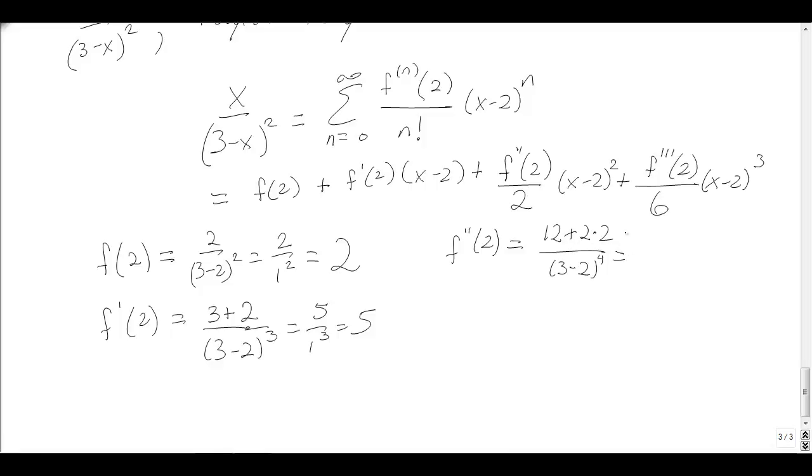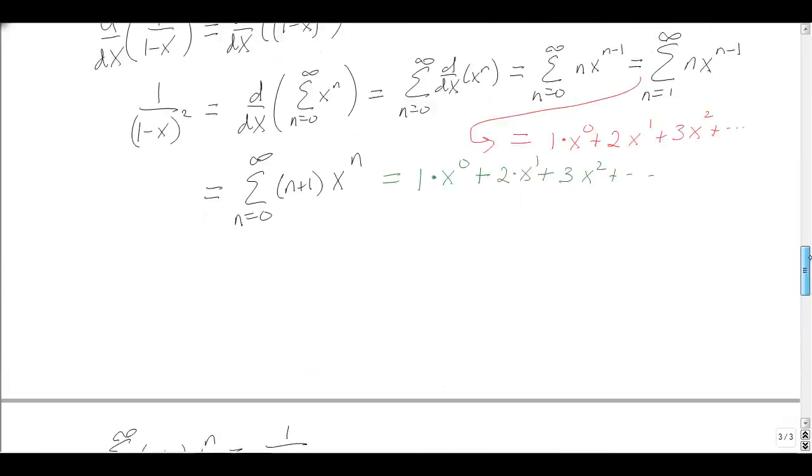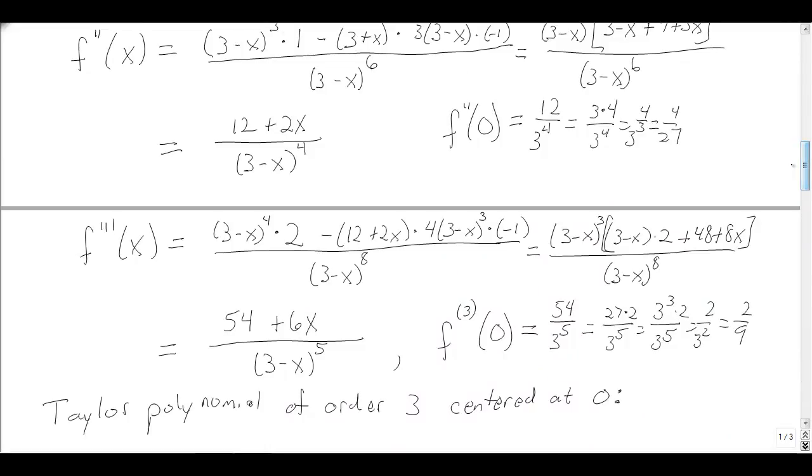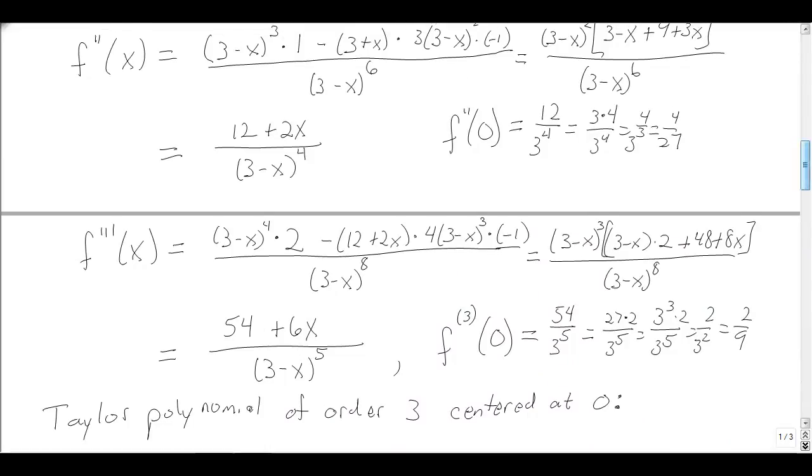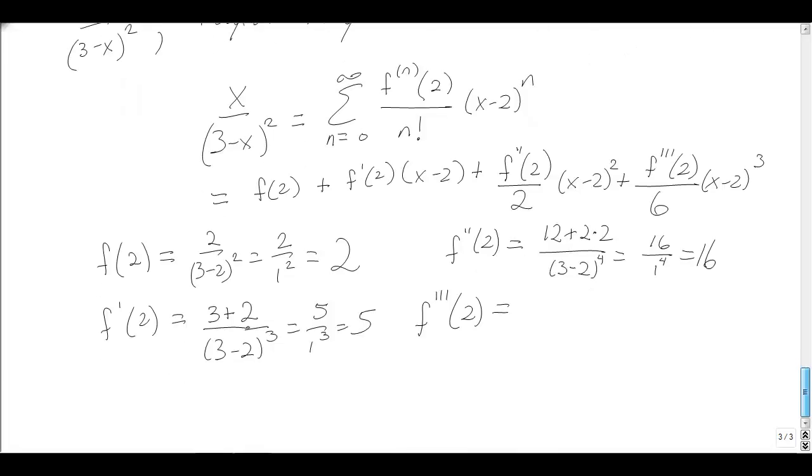So that's 12 plus 4, that's 16, over 1 to the 4th, which is 1. So that gives us 16. And then the third derivative evaluated at 2 is 54 plus 6x over 3 minus x to the 5th. So I get 54 plus 6 times 2 over 3 minus 2 to the 5th. So you get 54 plus 12, that's 66, over 1 to the 5th. That's just 66.